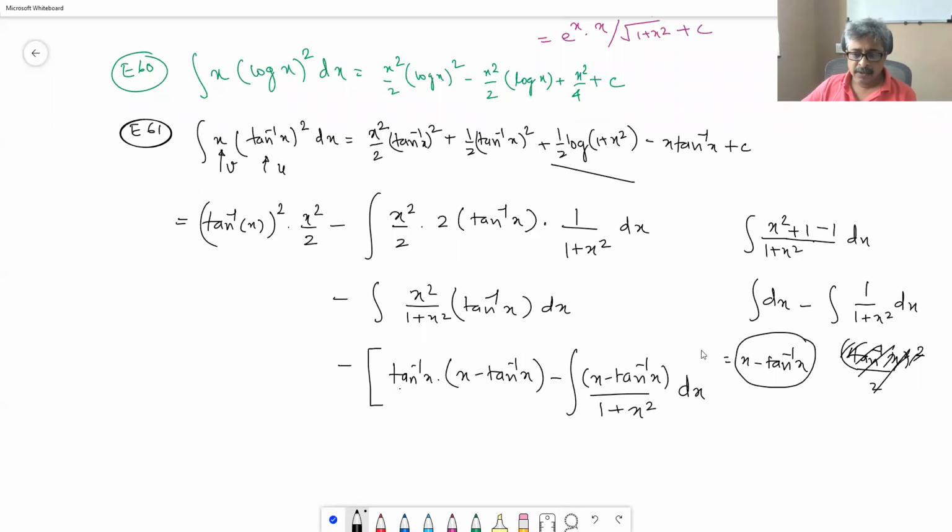Is that right? So now if we solve this second integral, we should be done. So the first term is x square by 2 tan inverse x bracket square minus the second term is... are we missing a half somewhere here?